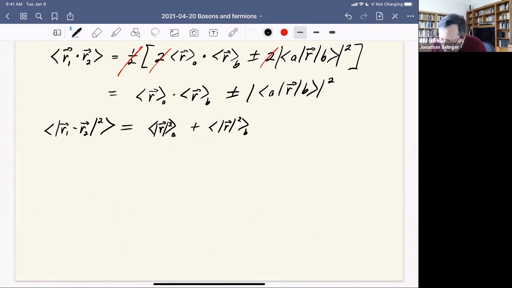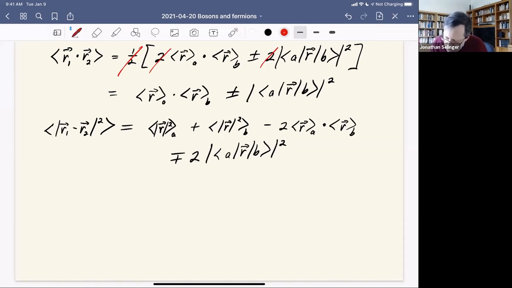Then minus 2 times the average of the dot product. So minus 2 times the thing that's just calculated right here. So minus 2 times the average R in state A dotted with the average R in state B, minus or plus 2 times this A, R, B matrix element squared.